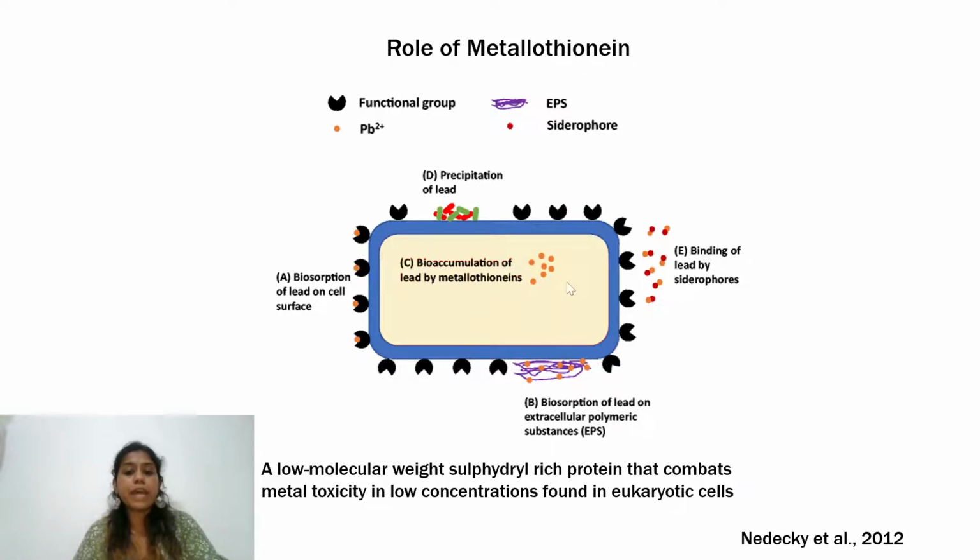It is broken down by enzymes, and basically metallothionein performs this, and the broken down products are later precipitated, and can be further used for some other useful process, or can just be excreted from the microorganism cell wall. So metallothionein is a very important protein that can help in containing metal toxicity.